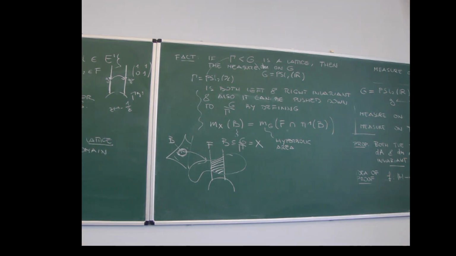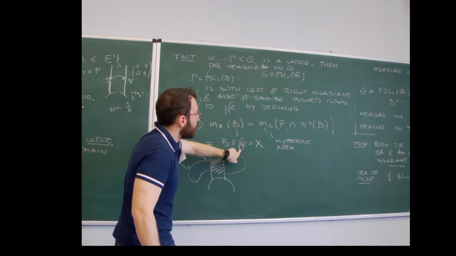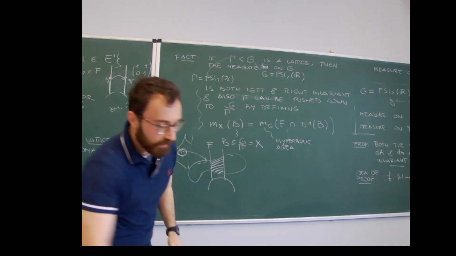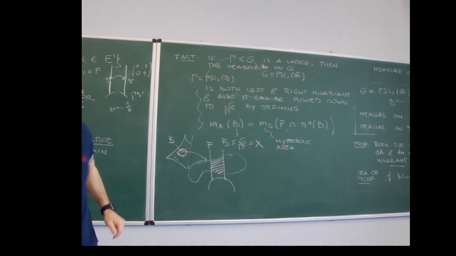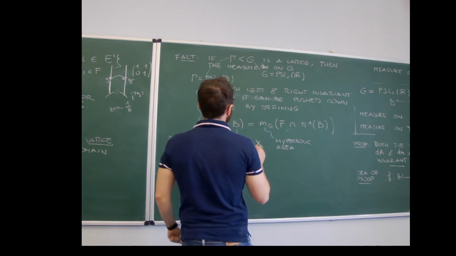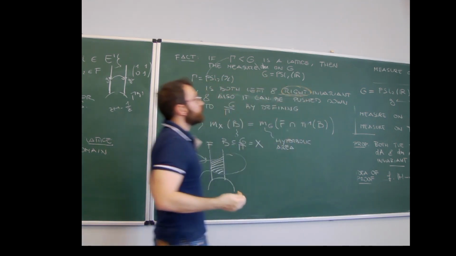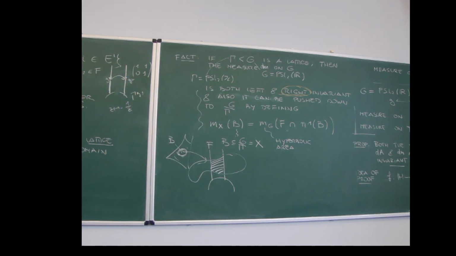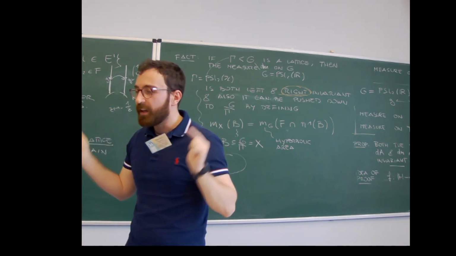Good. All right, so now we have a metric defined like this, and we've pushed it down to the quotient, and I want to highlight the fact that this metric is also right invariant. So the proof of this proposition is easy, it's not too difficult. You just have to use the fact that the fundamental domain has finite volume.